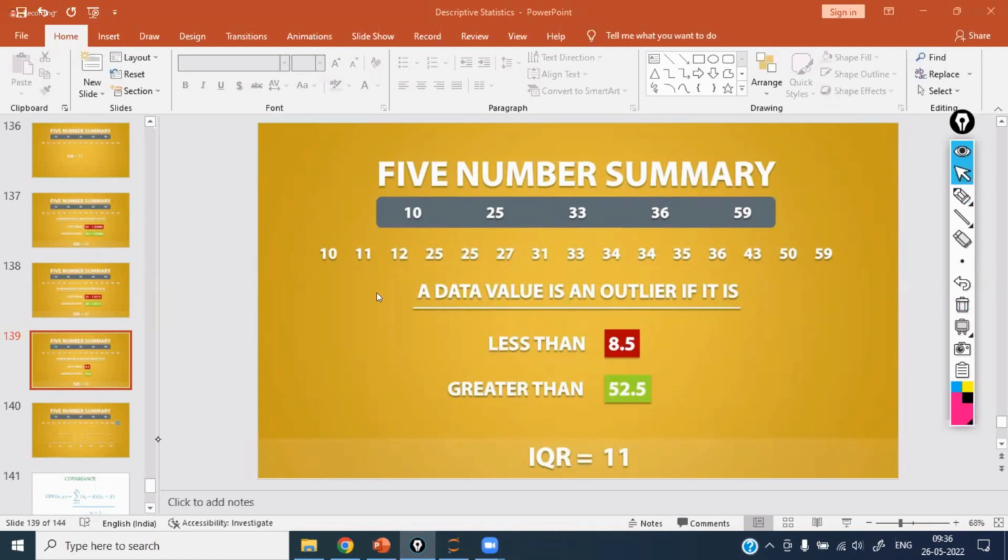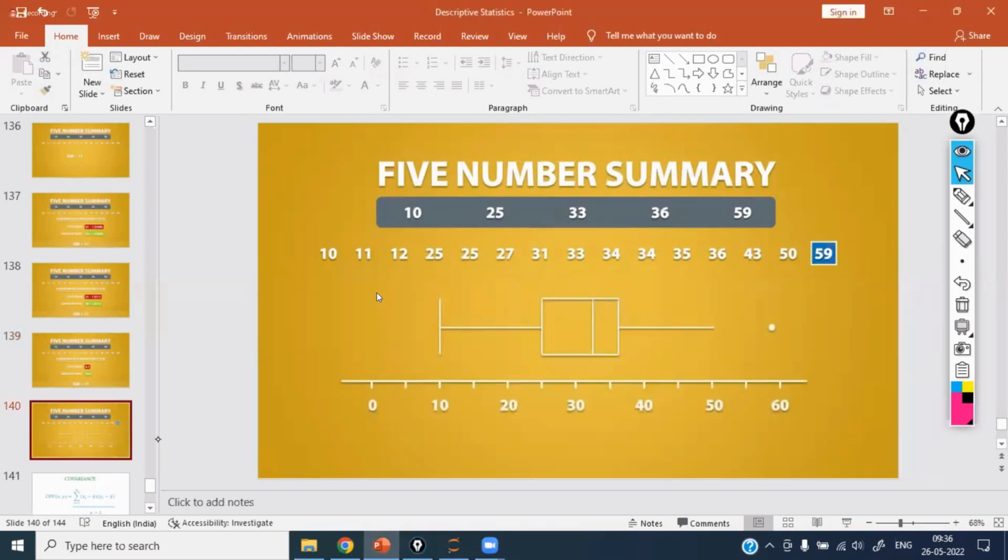In the box plot, we represent it like this: the minimum value, Q1, Q2, Q3. The maximum value will be the one after removing the outlier. The outlier will be represented by a dot, and you get a line up to the maximum value after removing the outlier. You are going to get a box plot like this.